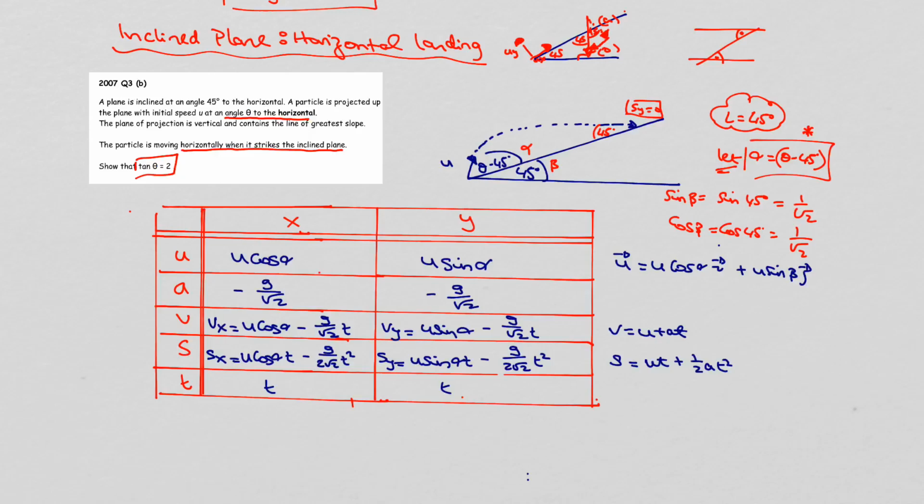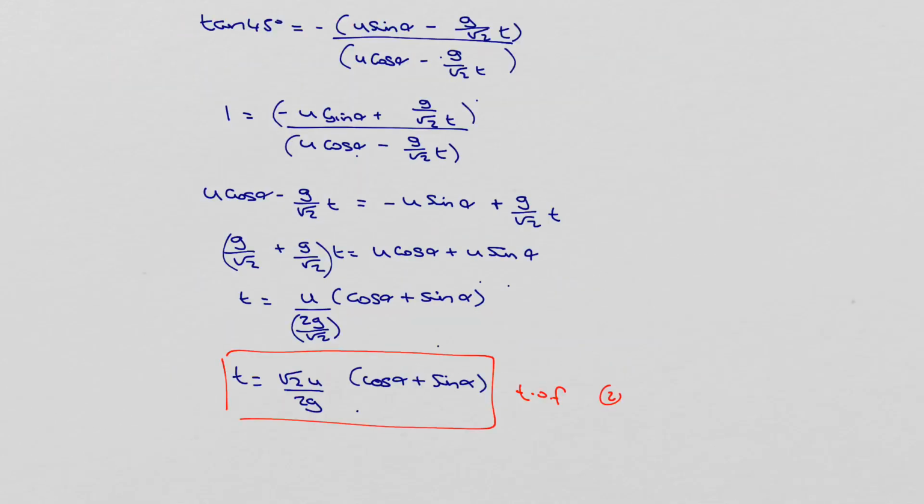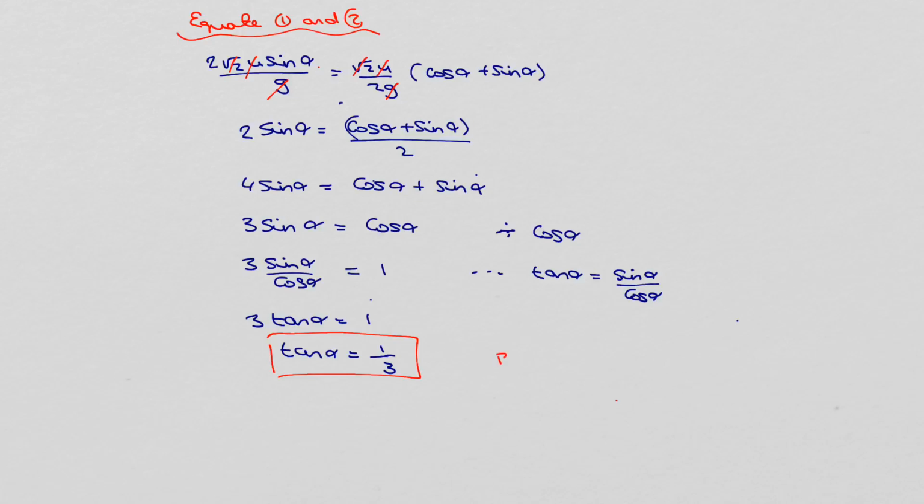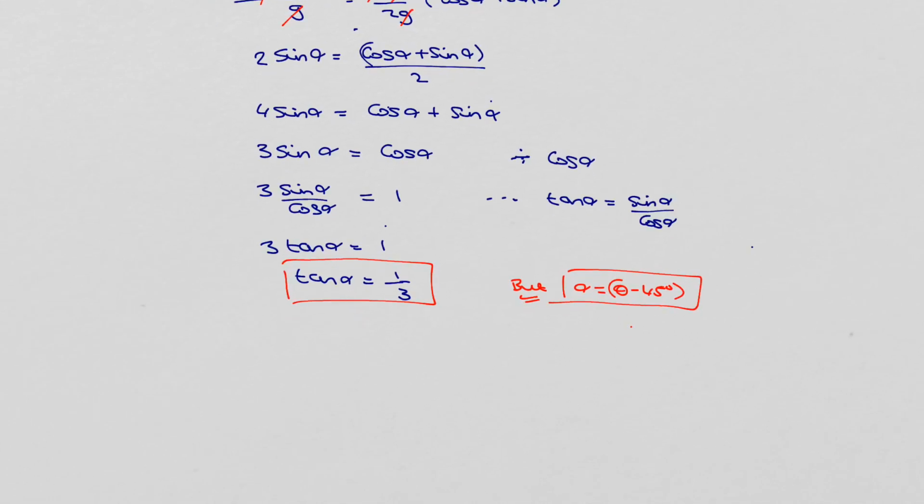Now, of course, if you've stuck that in at the start, you'll have almost gotten your answer right now at this stage, okay? So I'm going to say, but alpha equals theta minus 45, and I'm going to sub that in now. Okay, and therefore this is going to become tan of theta minus 45 degrees equals a third.